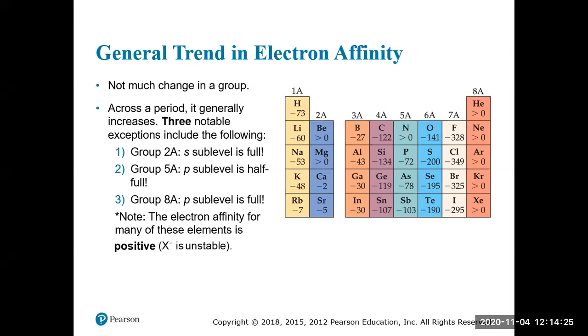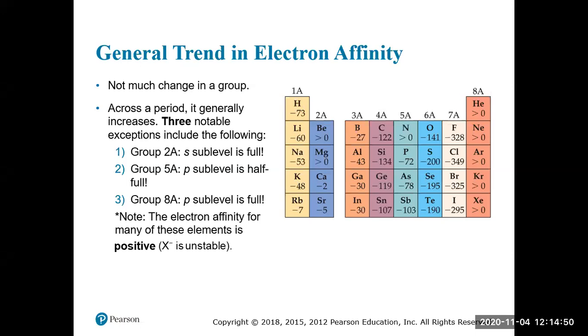There are some exceptions. So the 2As, the s sublevel is full. The 5A, the p sublevel is half full. And the 8A, the p sublevel is full. Because you get full sublevels, it kind of disrupts the periodicity a bit.